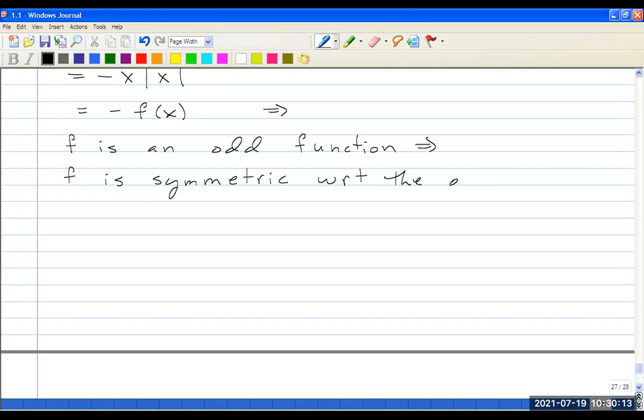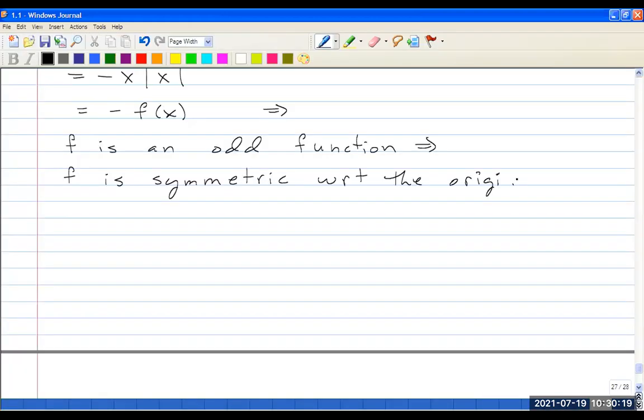So let me try to graph this. And so the graph of this, well, if I look at the right-hand side of the portion where x is greater than 0, this just looks like the graph of negative x squared.